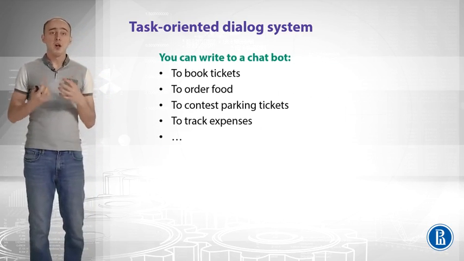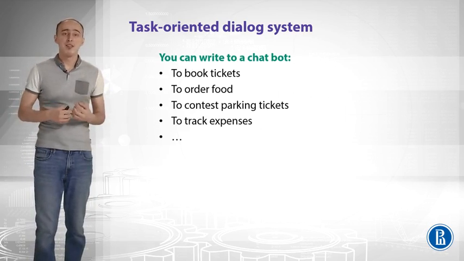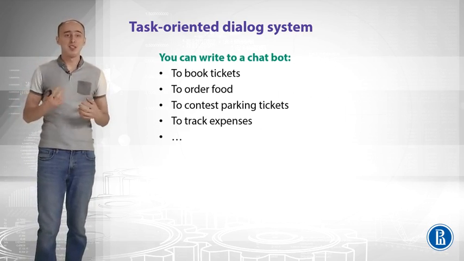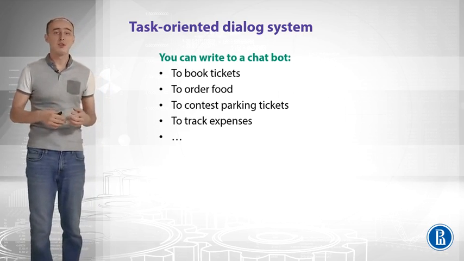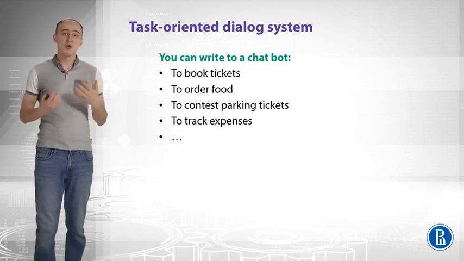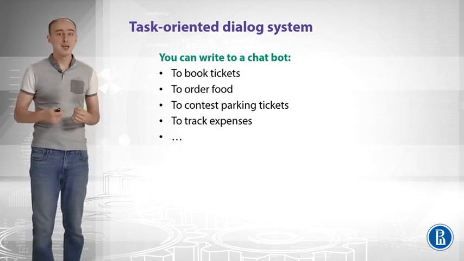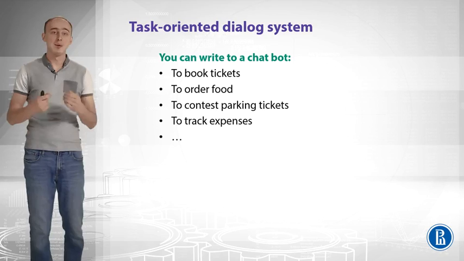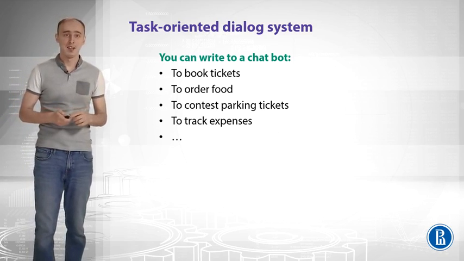You can also write to a chatbot, for different reasons, to book a ticket, to order food, or to contest a parking ticket, for example. This time you don't use your voice, but rather type in your question to the bot, and you assume that the result will come up instantaneously.